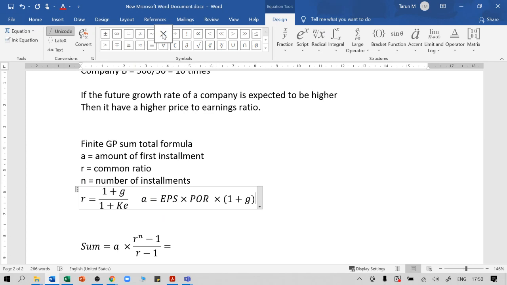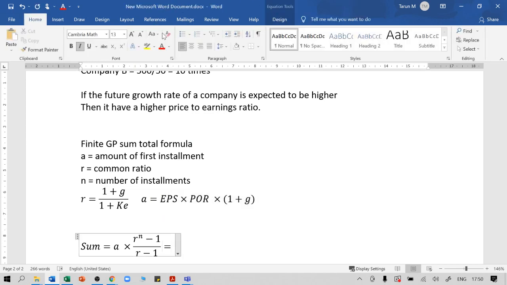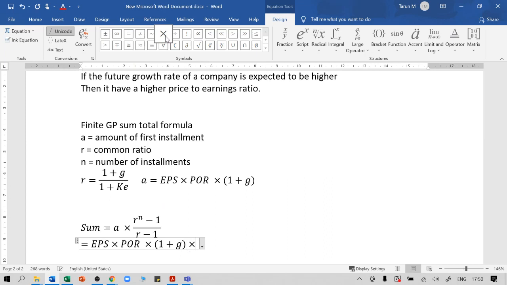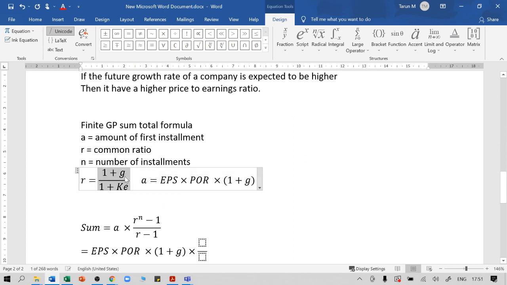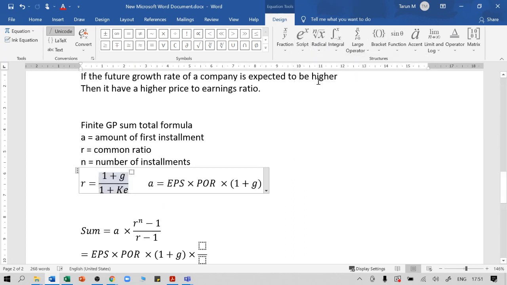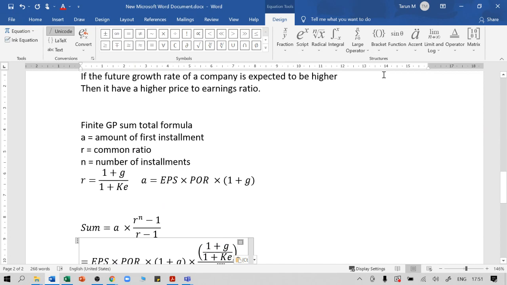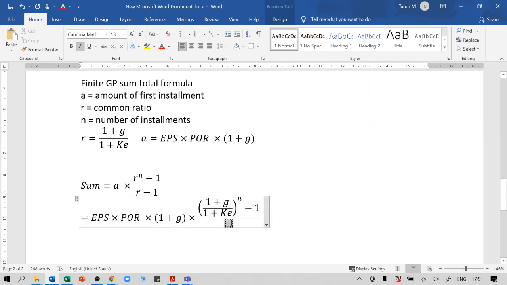Now I know A, I know R, and I know the formula. So I'll put it here. A will be replaced by this number, and then I multiply it by R to the power N. R is actually this number. So this is R to the power N minus 1 divided by R minus 1.